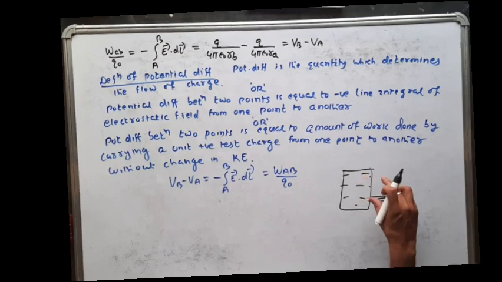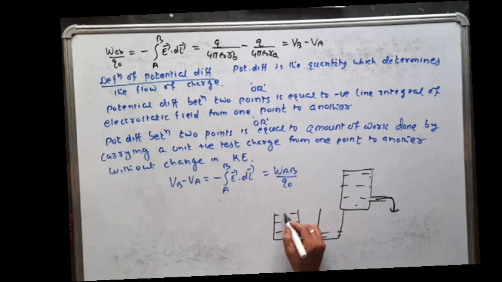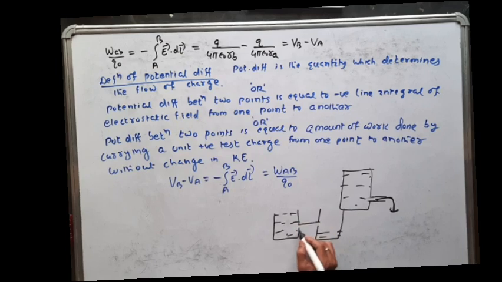So level difference creates the flow of water. Suppose this is one container and this is another container. Here the head of water is more, here the head of water is less. If you connect a pipe between them, water will flow from the high head to the low head. So the head difference will create the flow of water.